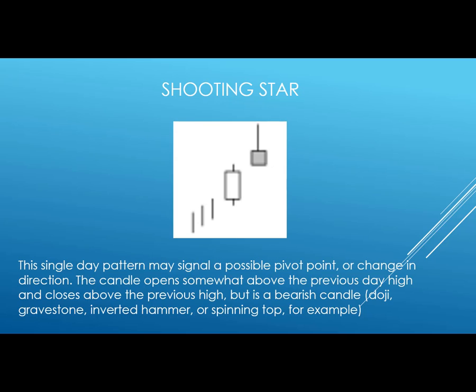The spinning top. These are candles that look perhaps like dojis, but they have a fatter body. As you may recall, a doji has virtually the same opening and closing prices in the same day, whereas in this case, the opening and closing prices are a little bit different.